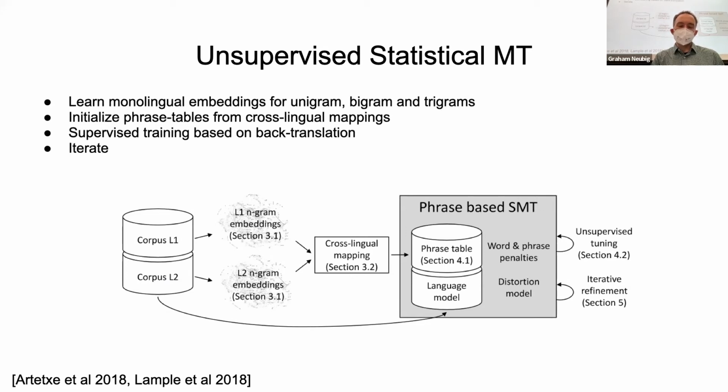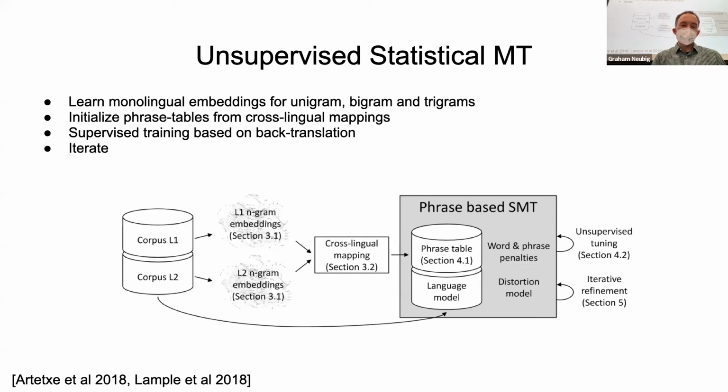You initialize phrase tables from cross-lingual mappings of these embeddings. So basically, you initialize the phrases that could be used in a phrase-based machine translation system. And then you do supervised training based on back translation and iterate.